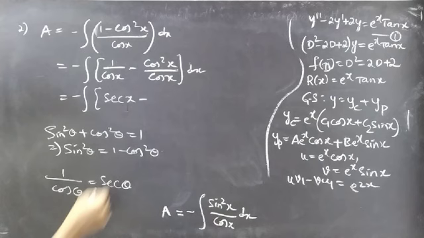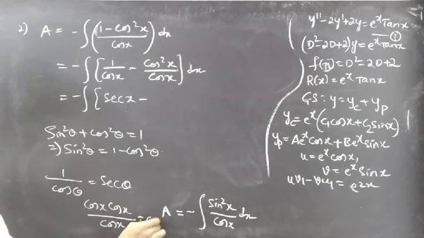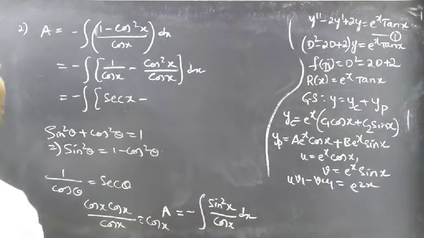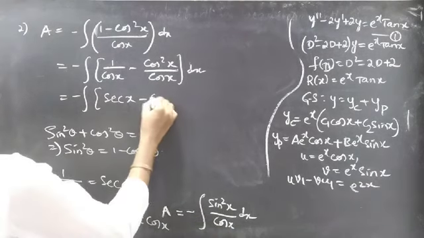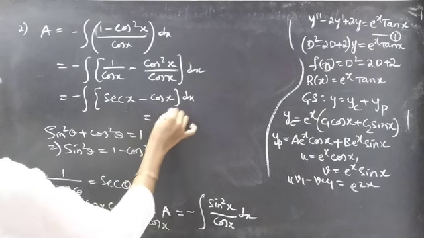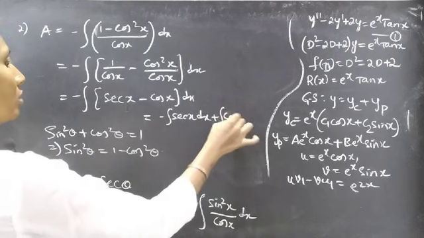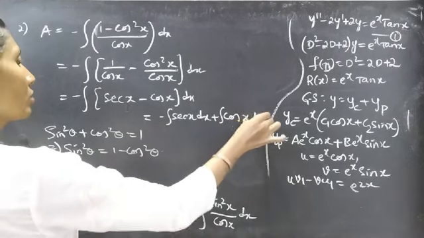And here you can write cos square x as cos x into cos x. So cos x into cos x by cos x is cos x. Right? So if one cos x gets cancelled from the numerator and denominator, we'll get cos x, which is equal to minus integral secant x dx plus integral cos x dx.